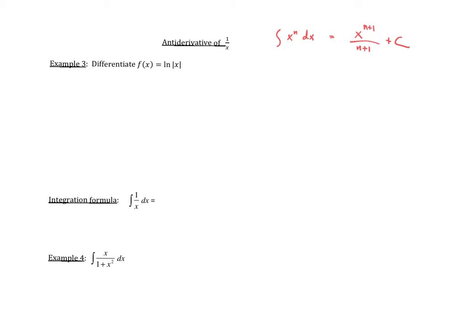Now, the issue becomes what happens when n is equal to -1? You have a problem because you're not allowed to have a 0 in the denominator. So this video handles that special case where n is equal to -1.